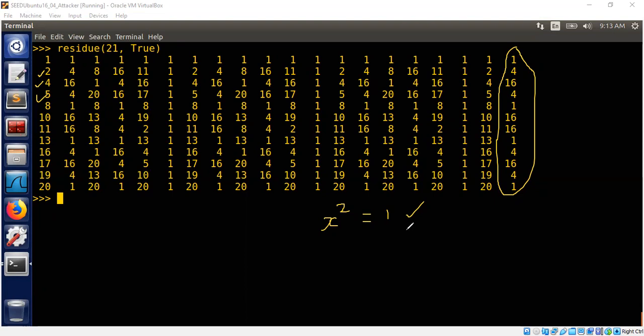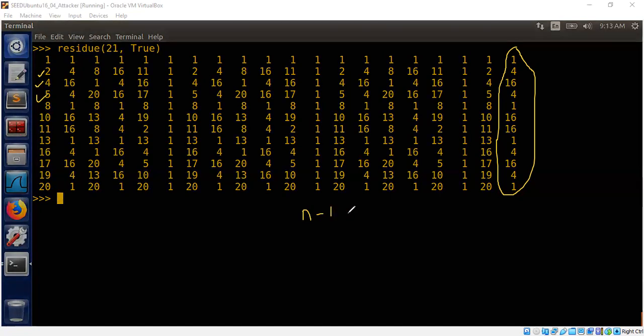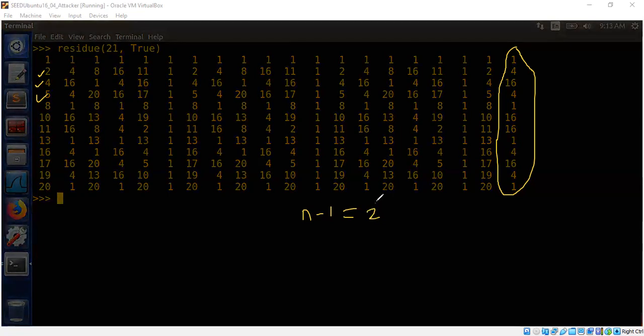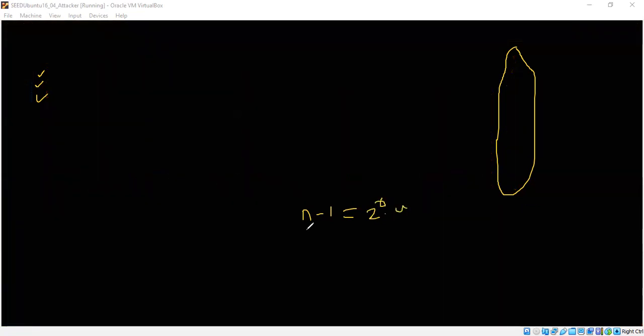It takes the given number n and rewrites n minus 1 as follows. Suppose in this case n is 21. We write n minus 1, which is 20, as 2 power r times u, which is 2 power 2 times 5.